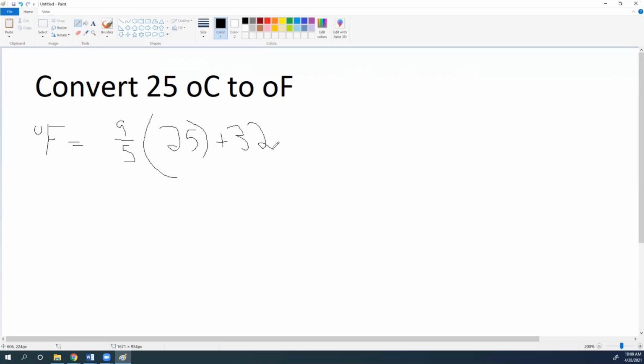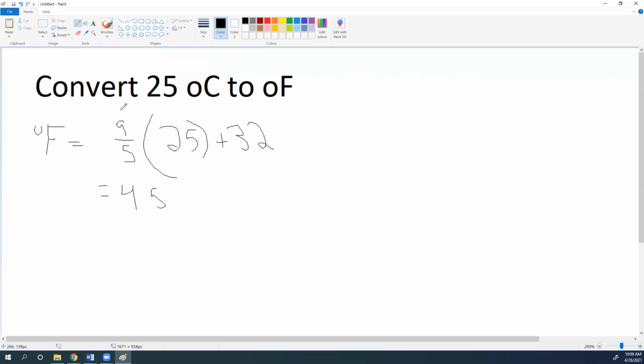Okay. So this is actually a stepwise problem though. If you want to follow your significant figure rules, you need to do this stepwise. So you would do 9/5 times 25, and that equals 45.